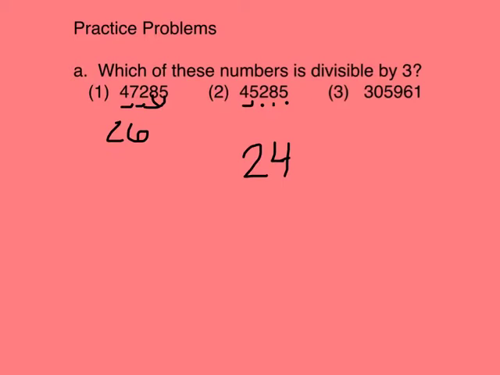Then let's try these and add these. 1 plus 9 is 10, 10 plus 6 is 16, plus 5 is 21, plus 3 is 24. So we can say 2 and 3 are both divisible by 3. So 2 and 3 would be the answers to that.